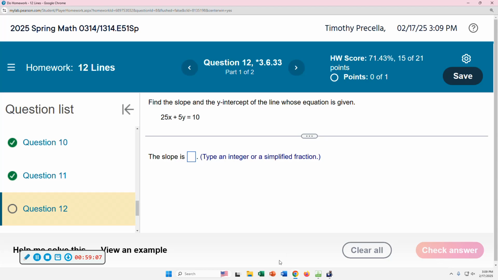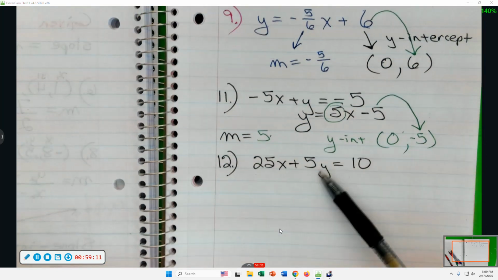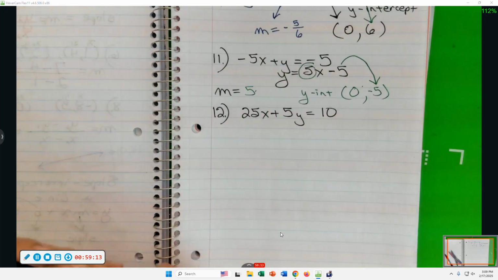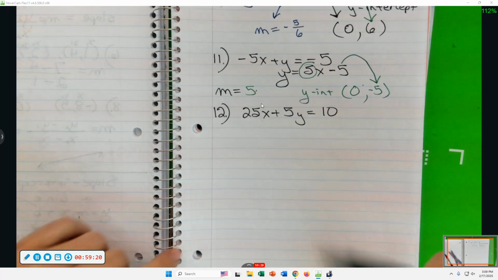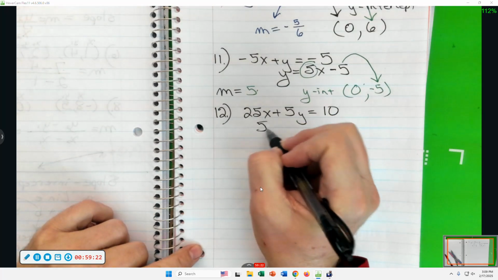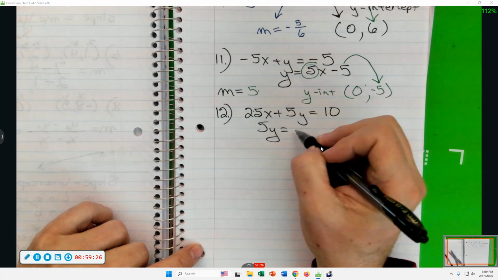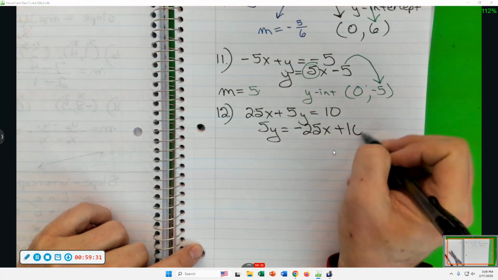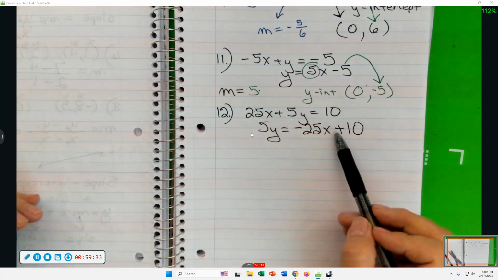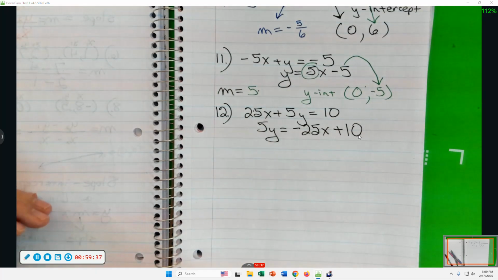Switch to the paper. We need to get y by itself. There's really only one sensible first step. What are we going to have to do? Subtract 25x. I agree. So we'll have 5y equals, when we move that 25x over by subtracting, it becomes a negative 25x plus 10. And it's a plus 10 because that's an assumed positive there.